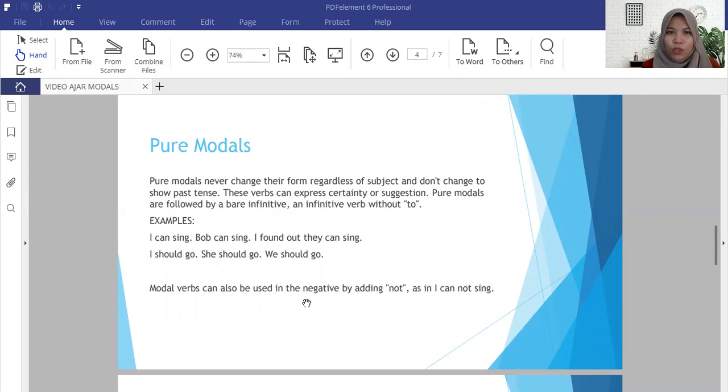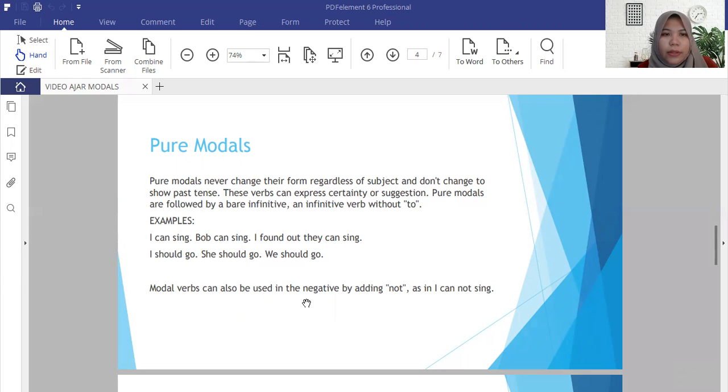Pure modals are followed by a bare infinitive or base form, an infinitive verb without to. Examples here: I can sing. Bob can sing. I found out they can sing. I should go. She should go. We should go. Whether we use the third person or the first person, we do not need to change the modal itself.